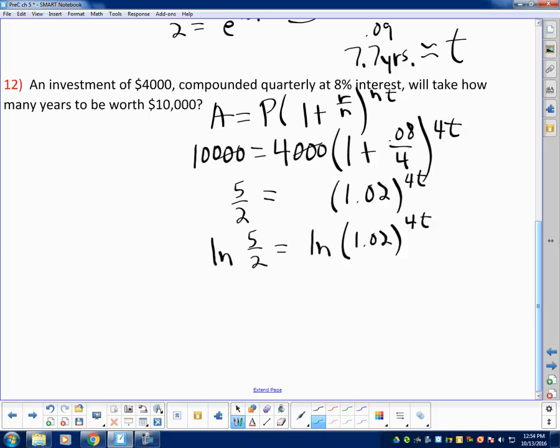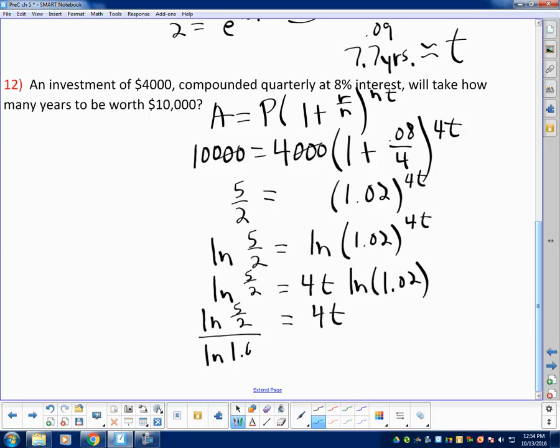And then we just solve that. Bring the 4t down. So 4t times ln of 1.02 equals ln of 5 over 2. So 4t equals ln of 5 over 2 divided by ln of 1.02.